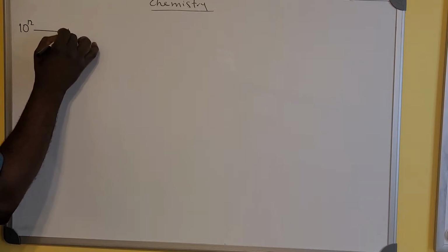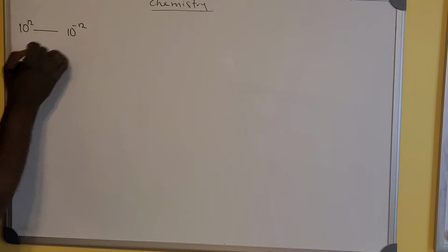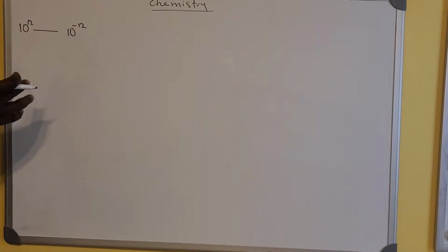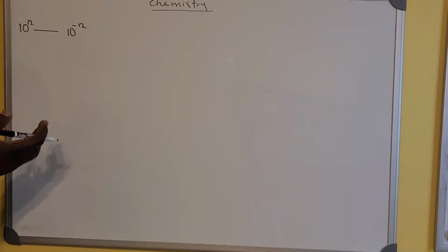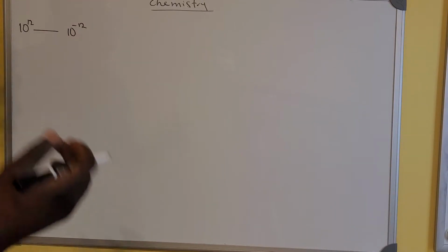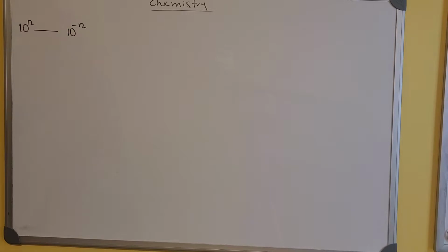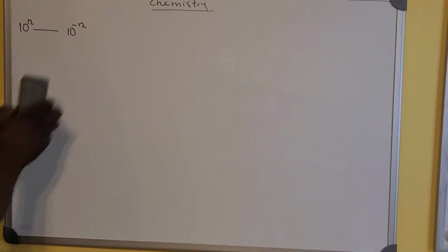The reason is that in our last lecture, we talked about prefixes that have 10 raised to the power 12 down to 10 raised to the power minus 12. These are numbers that we define. If you want to know more, you can go back to my last class and you will understand where we started from. So in today's class, we're going to learn how to work with these numbers.